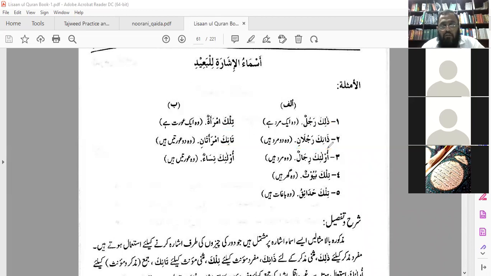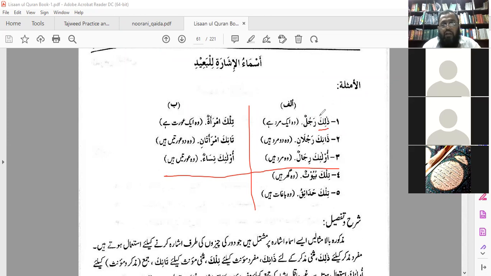Do you understand? I'm going to repeat it. Listen. There are two types: first for muzakkar and the second for muannath. We use dhalika for wahid muzakkar. For example, if it appears in a sentence, dhalika rajulun.